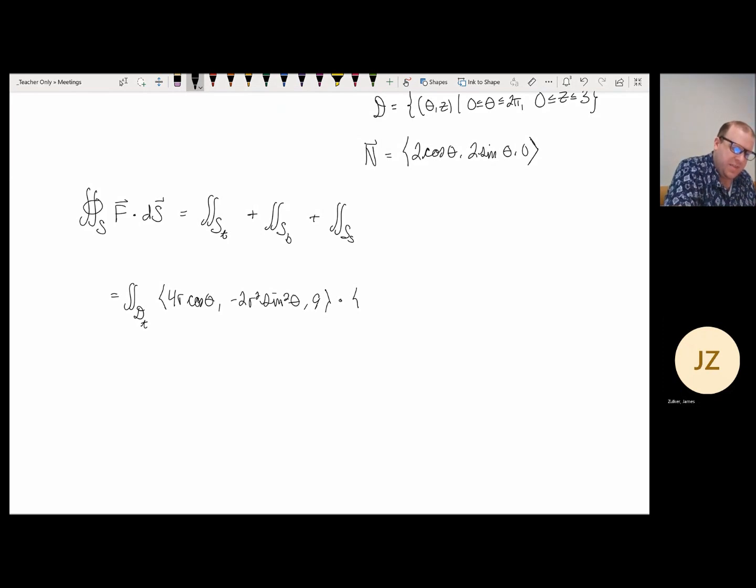All right, and then dotted with r k hat, which is nice because its first two components go to 0 when you take the dot product. You're left with 9r.